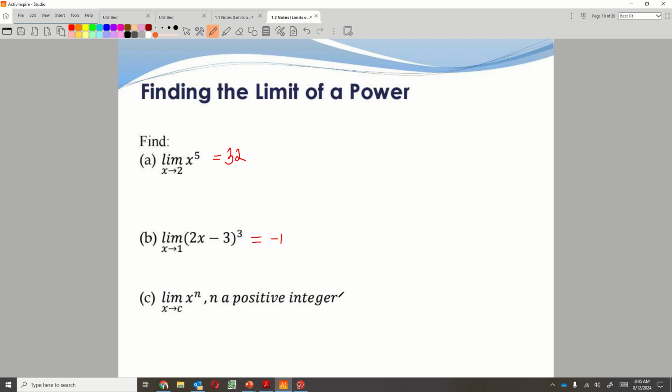You move it down, right? Yes, it becomes a fraction. So we would actually change that up. If it is a positive integer, and x approaches c, that would just give me c to the n. We're just plugging in c for that value, and then to the n. If it was a negative integer, that would be 1 over c to the n.